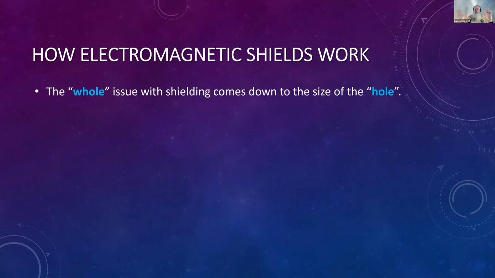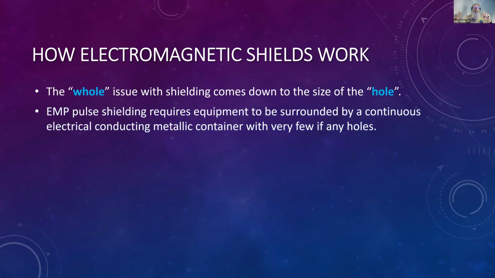So let's just talk. I'm not going to get into detail about Faraday cages, but I'm going to talk about why Faraday cages work, okay? So the whole issue with shielding comes down to the size of the hole. EMP pulse shielding requires the equipment be surrounded by a continuous electrical conducting metallic container with very few, if any, holes.